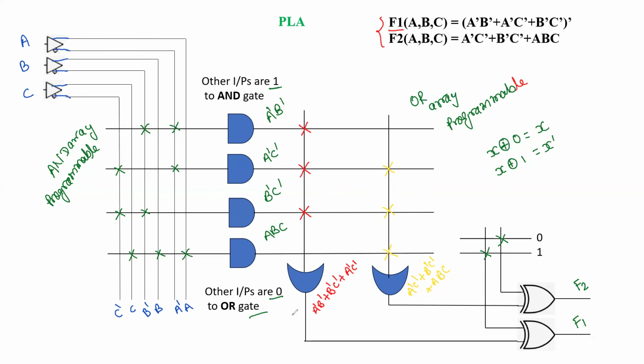Whereas in an AND gate, if all inputs are high, only then the output is high. That's why it is taken as 1. What are the empty, open ports in an AND gate? That input is 1. In an OR gate, the open ports have input 0.